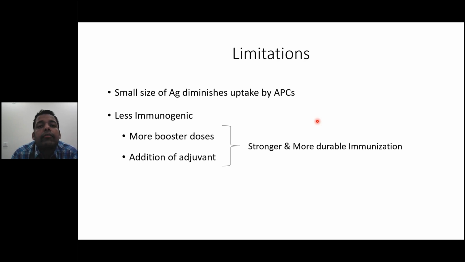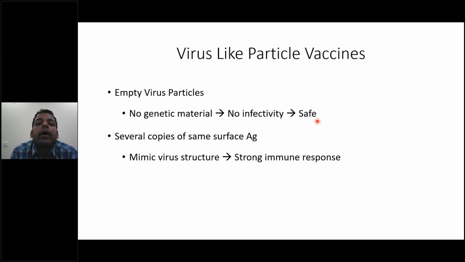The next subunit vaccines are the virus-like particle vaccines. Here, empty virus particles are used. These particles have no genetic material, so again, they cannot be infective. They are extremely safe. And these particles have several copies of the same surface antigen.